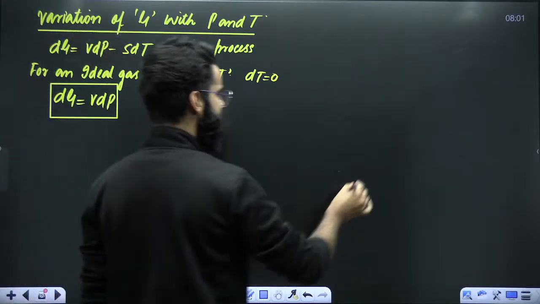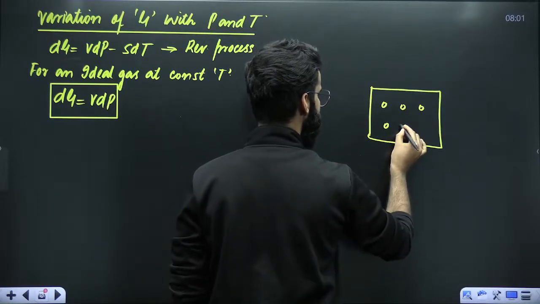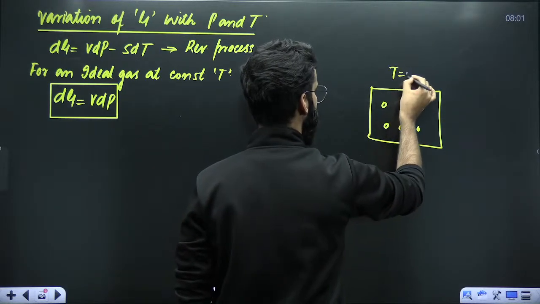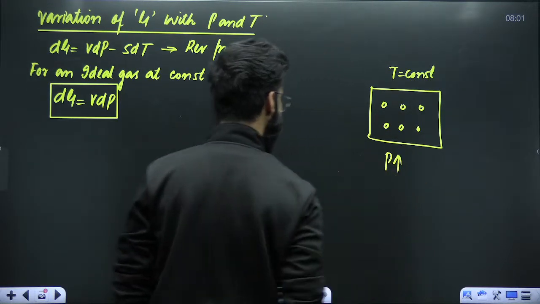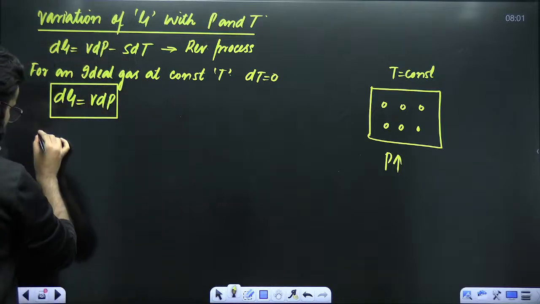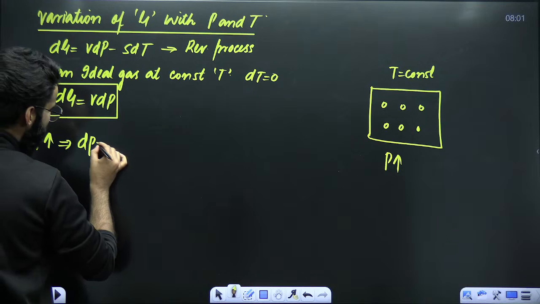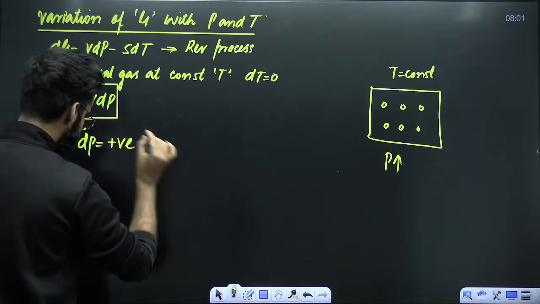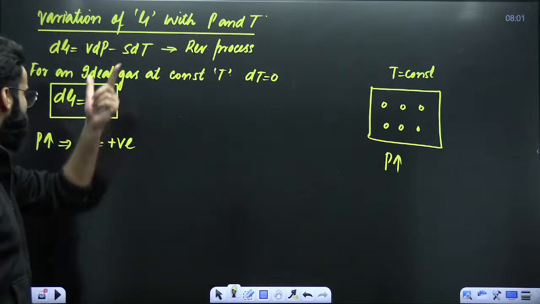Now, my dear students, the ideal gas whose temperature is kept constant, let's say you increase its pressure. If you increase its pressure, what will happen to the dP value? Change in pressure, will it come out to be positive or negative? dP will be positive.